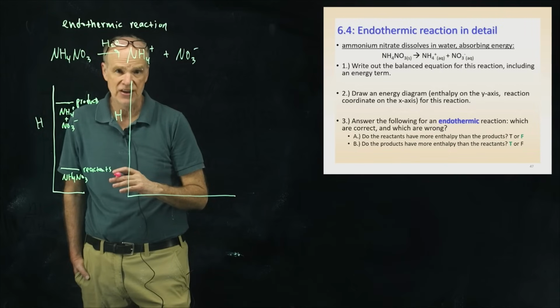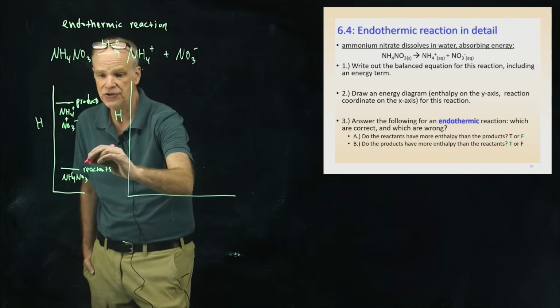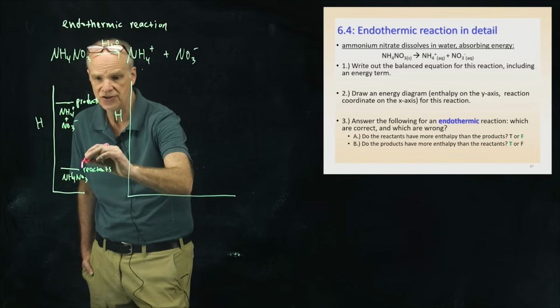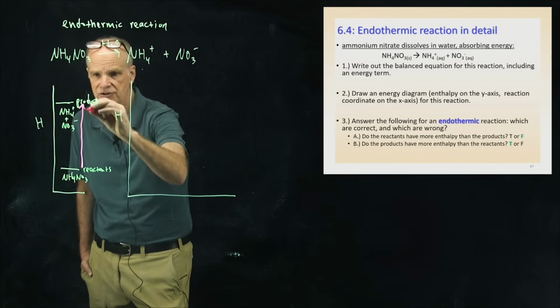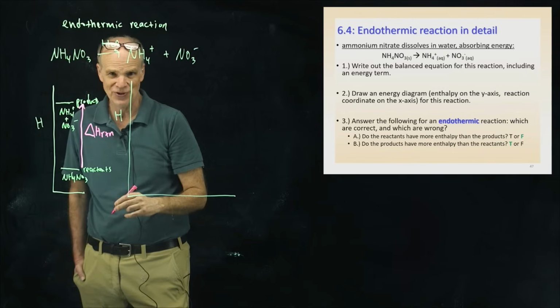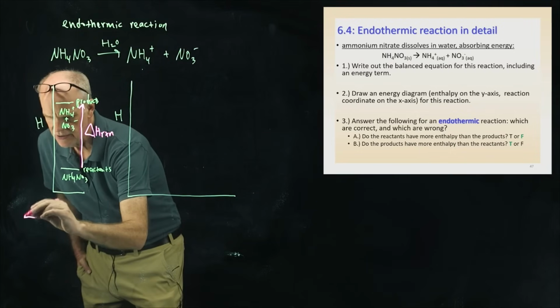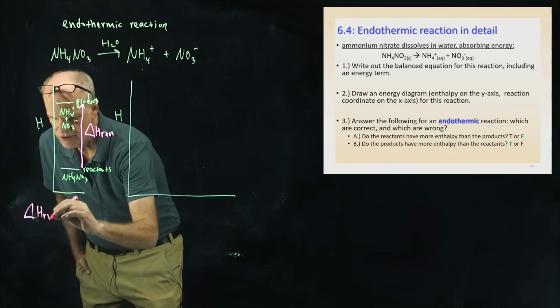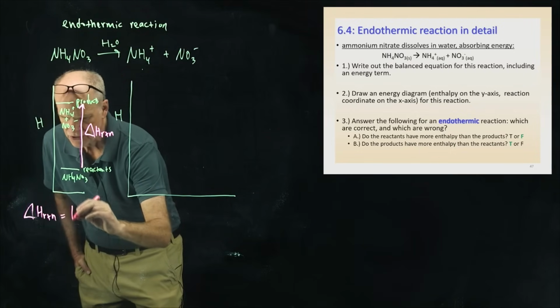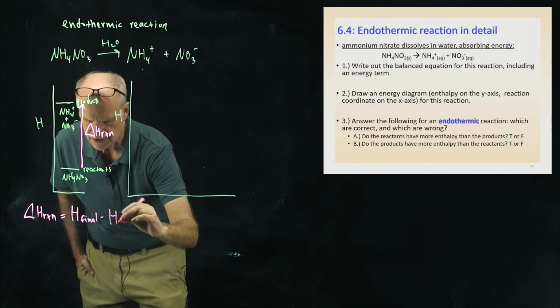The change of the enthalpy of the reaction is just the difference in enthalpy of the products from the reactants. And we're going from reactants to products, so I'll draw the arrow like this. So here the change of the enthalpy of the reaction is, again, this difference in energy between the reactants and products. So the change of enthalpy of the reaction is equal to the enthalpy of the final minus the enthalpy of the initial.